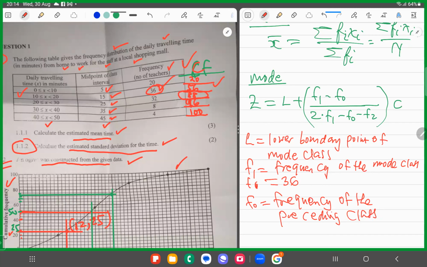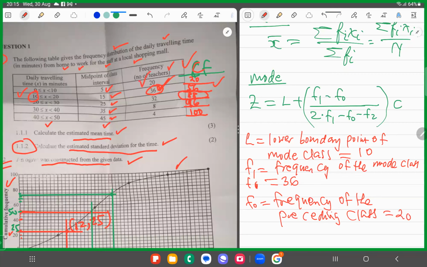What is the lower class boundary point of the mode class in our question? It is 10 here. F1 is the frequency of the mode class, and it is 36. F naught, the frequency of the preceding class, is 20.